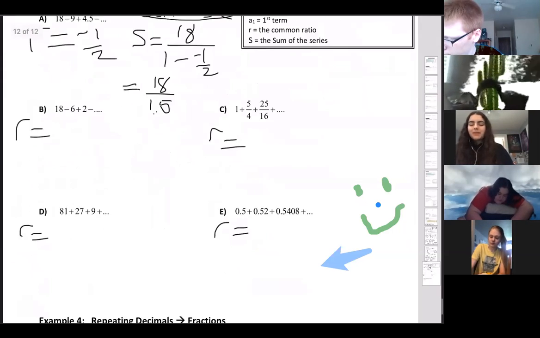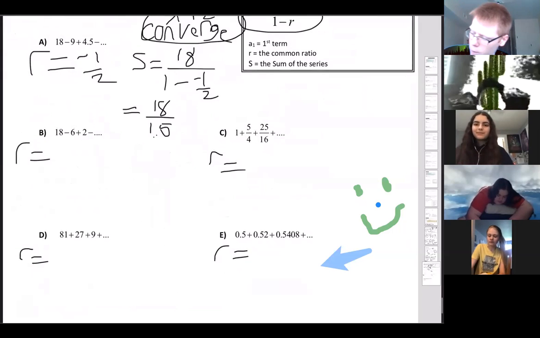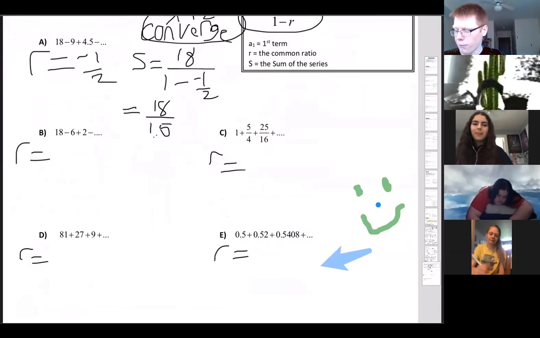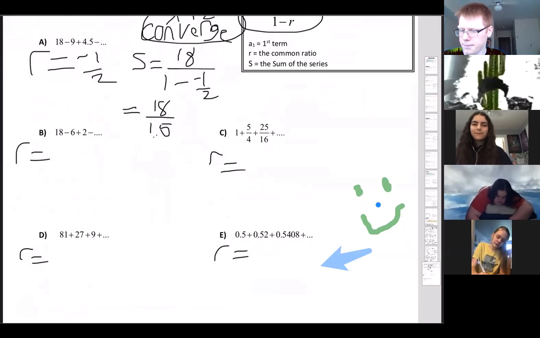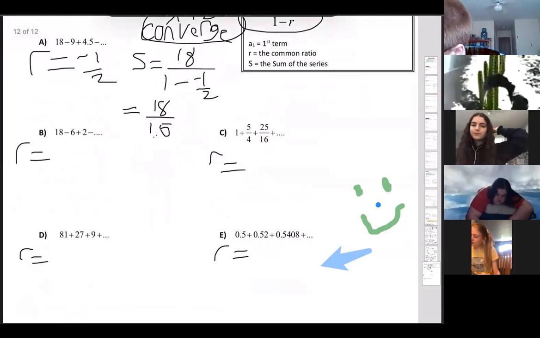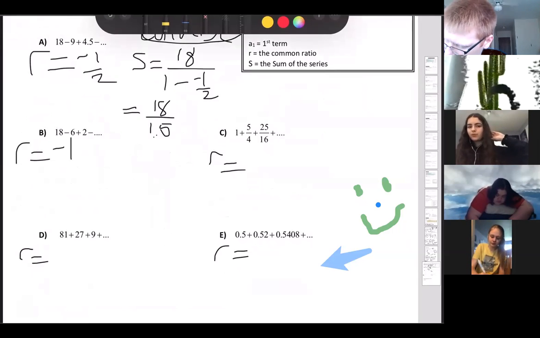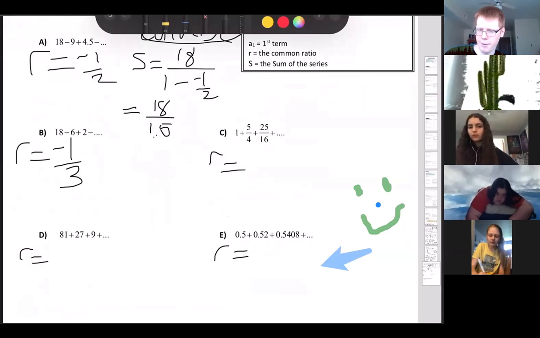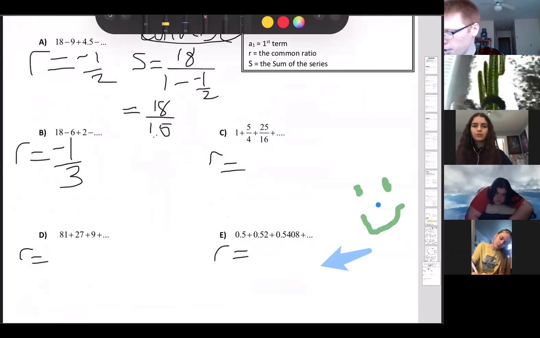All right, what about B? What's our r value for B? Negative 1/3. So once again, it's a fraction between -1 and +1, so that is going to converge.